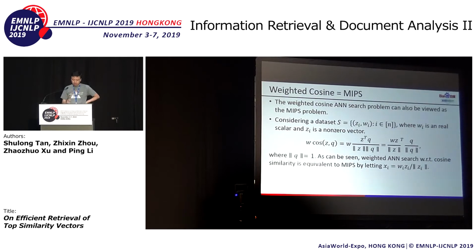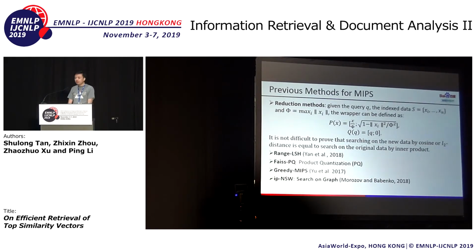So there is a pair: c_i is the vector, and w_i, you can imagine, is the norm of the vector, which measures the popularity of that word. Under this formula, if the words are embedded on a sphere, then via the weight we can find the weighted cosine distance in this way, which reduces to the MIPS problem. MIPS stands for the maximum inner product search problem.